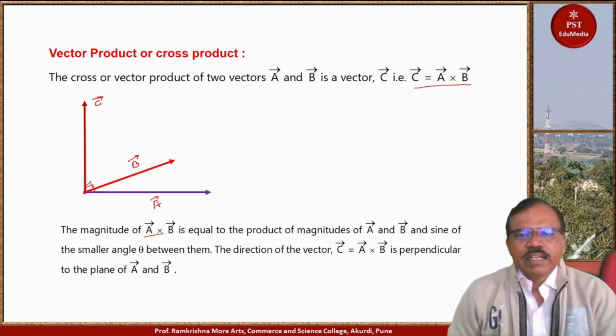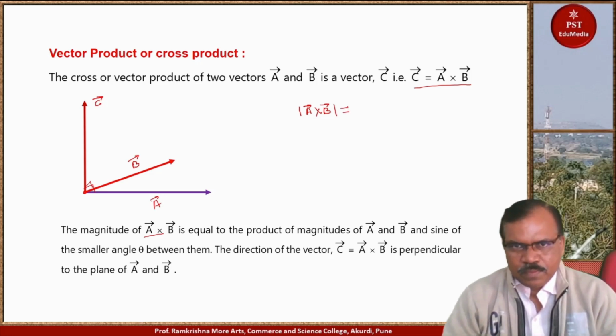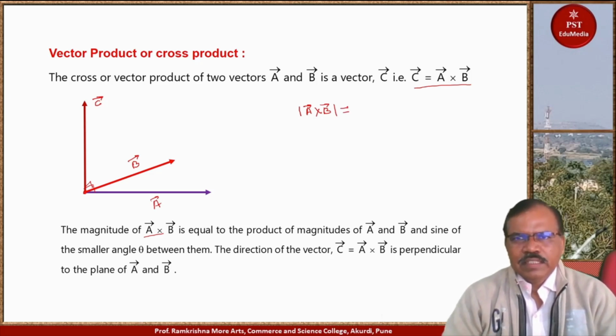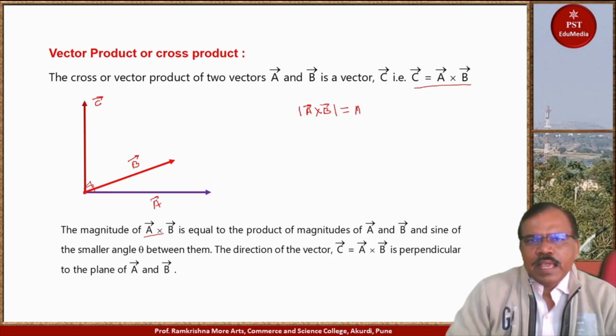The direction of the vector C is equal to A cross B is perpendicular to the plane of A and B. Magnitude of A cross B is magnitude of C, and this magnitude is equal to magnitude A into magnitude B into sine of angle between them.